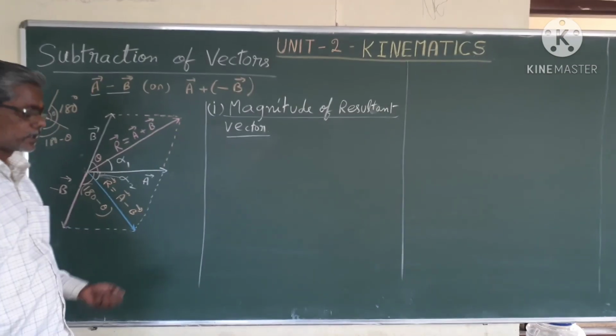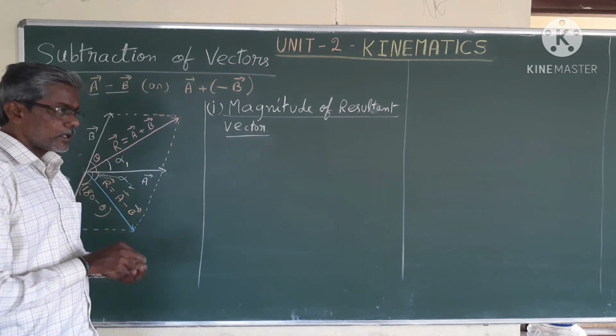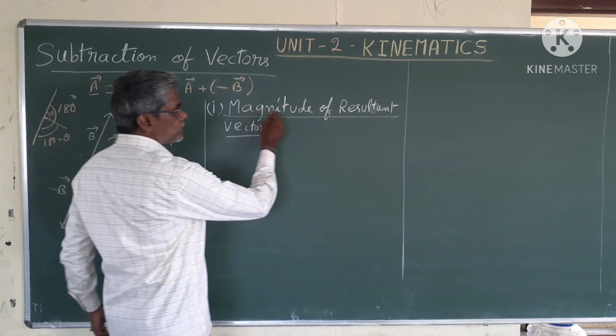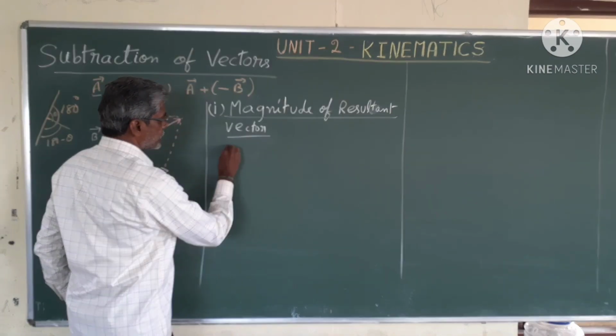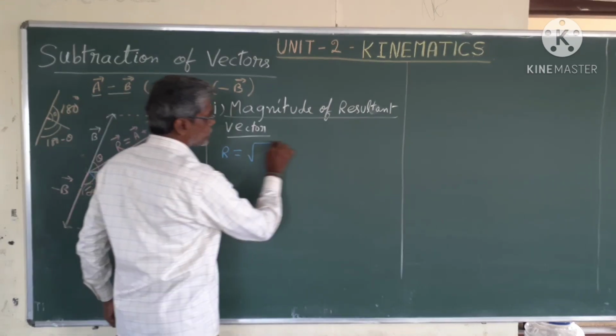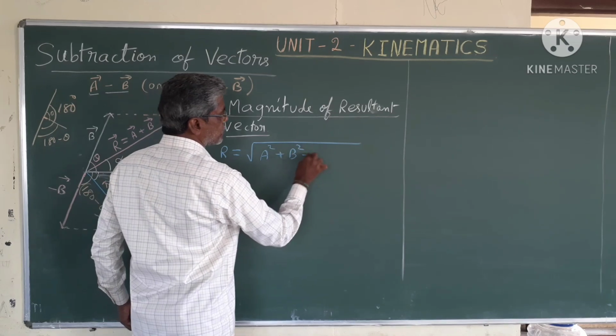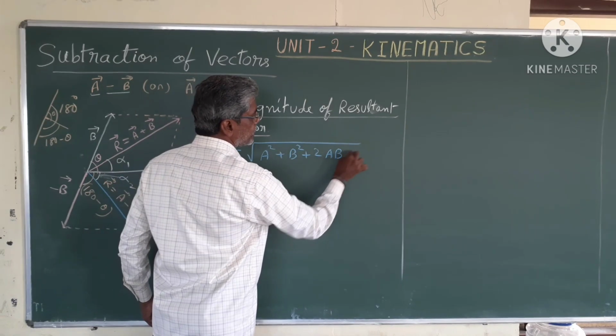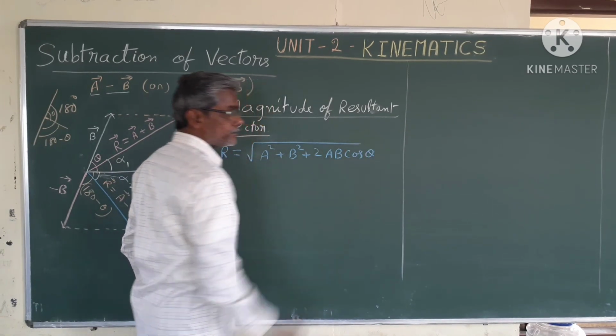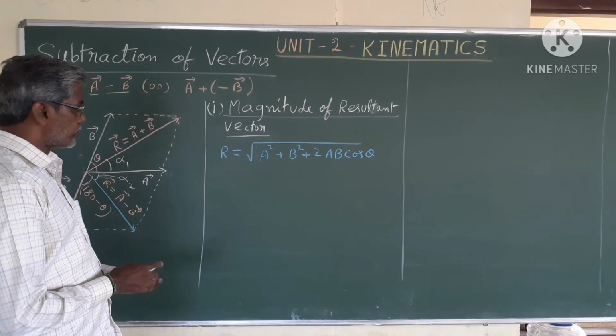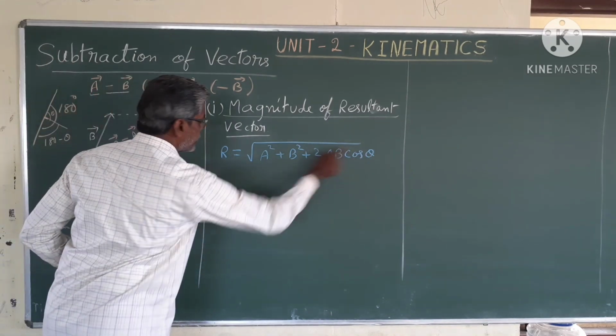Magnitude of the resultant vector. In addition of vectors, we calculated the magnitude of the resultant vector, that is R is equal to square root of a square plus b square plus 2ab cos theta. Now, what will the theta be here?